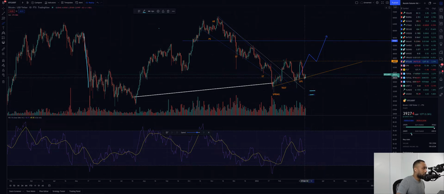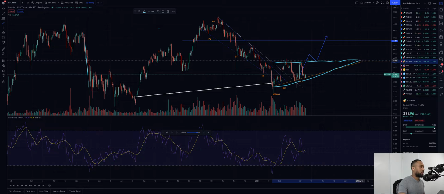And if we have any candles closing below about here, this Wyckoff accumulation schematic in particular would be invalidated. So right now it's holding up, and we currently have a rising triangle, an ascending triangle here.